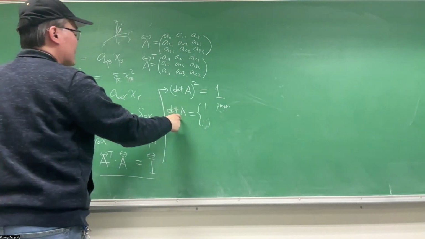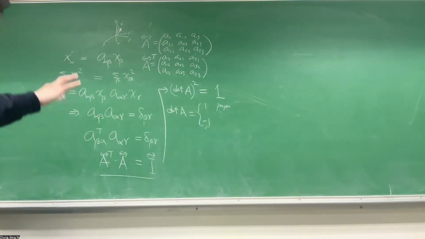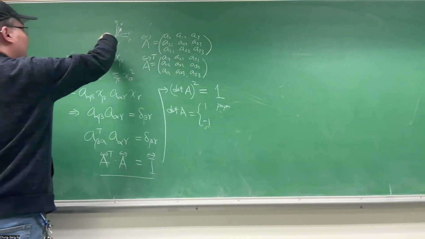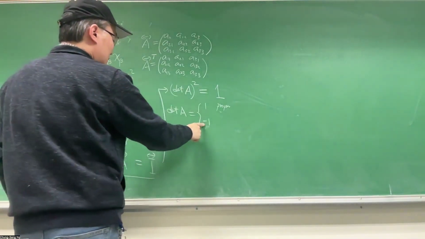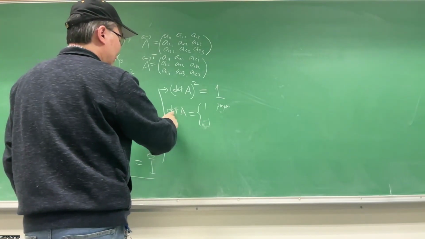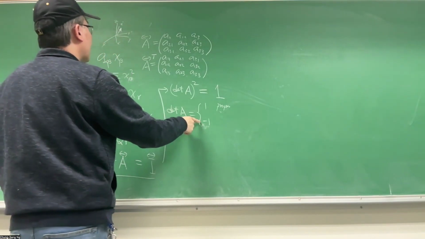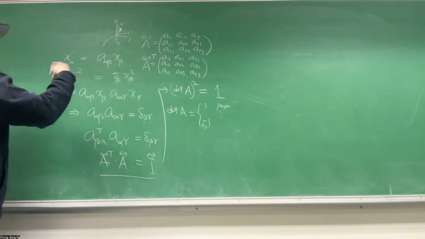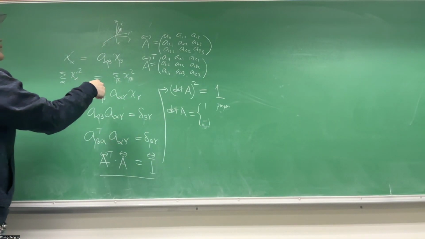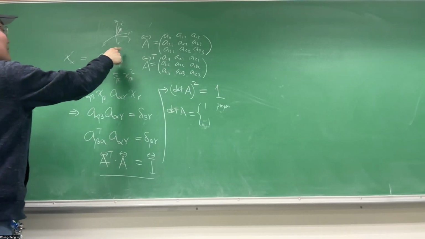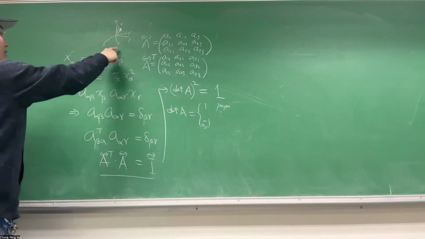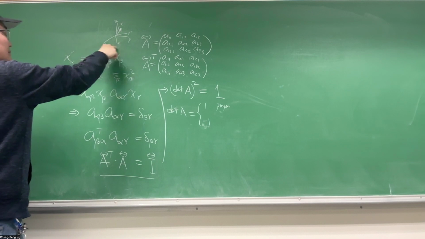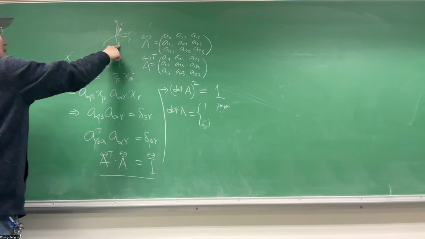Proper rotation means it's just ordinary rotation. If you keep rotating x, y, z, then however you rotate, the determinant will still be 1. And the transformation matrix having the minus 1 means, in addition to rotation, you do one more operation that usually involves an inversion of one of the coordinates.